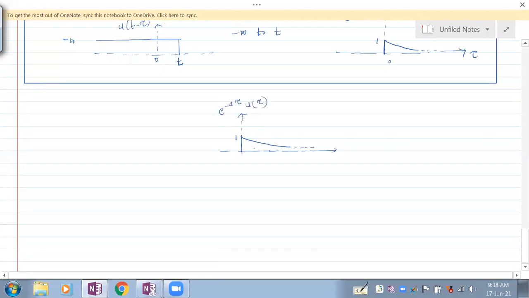This is your first signal. Then the moving signal. This is 0 and this is tau, mind you. With respect to tau we are sketching it, because once it comes within the equation, it's tau. And this is the other signal, which is 1 from minus infinity to 0. So this is u of t minus tau.